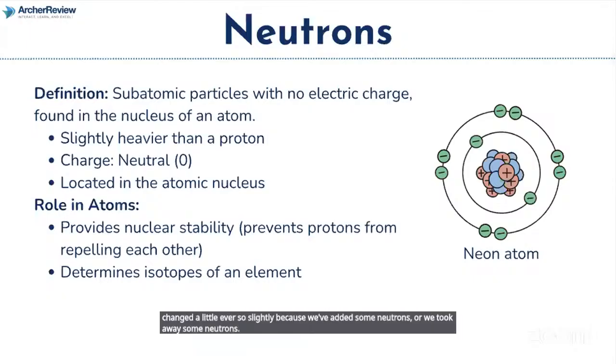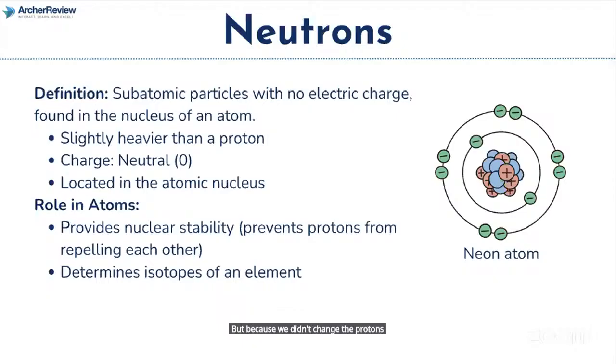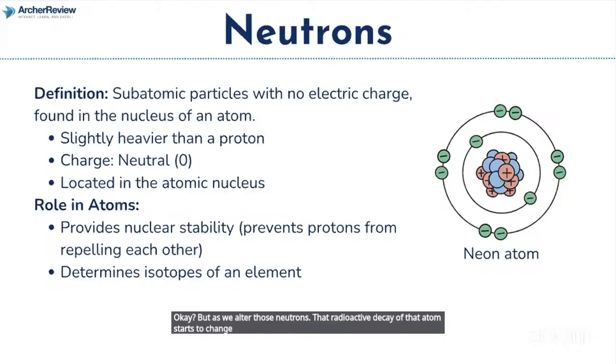Because we didn't change the protons, it's still the same element. But as we alter those neutrons, the radioactive decay of that atom starts to change its decay rate. And that's what makes it so helpful in the science world.